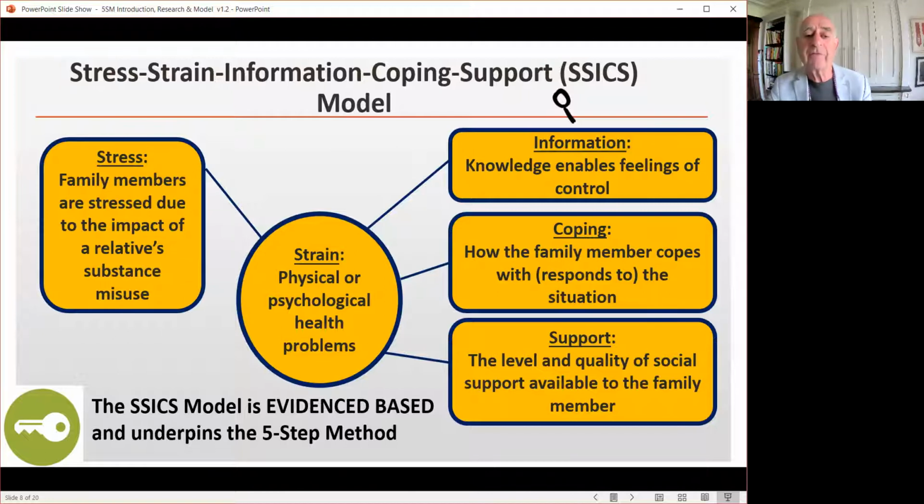The amount of strain that any given amount of stress causes is influenced by 3 important factors: the amount of information that the affected family member has, because knowledge enables feelings of control; how they cope or respond to the situation; and the level and quality of support available to the family member. So the model is evidence-based because it's based on all the research that we did, talking to so many family members, and that underpins the 5-step method.